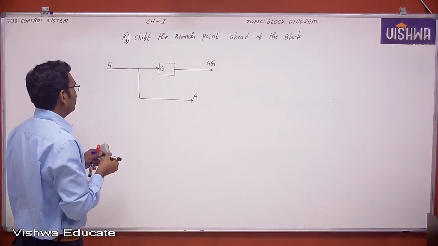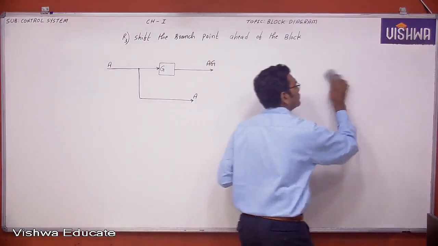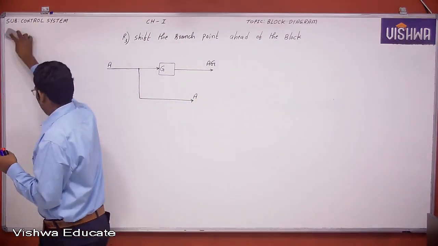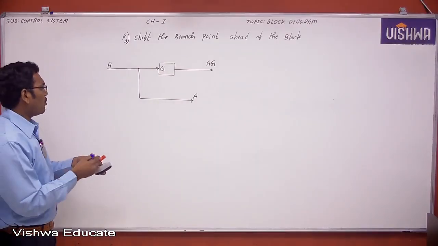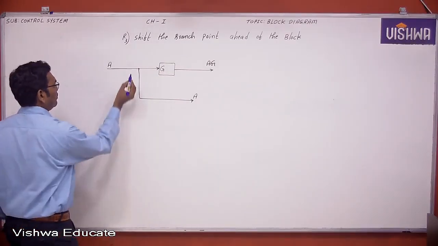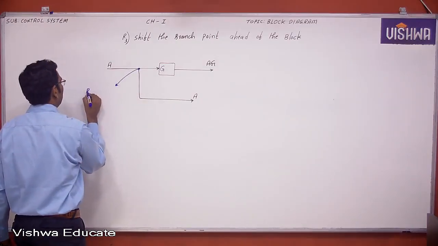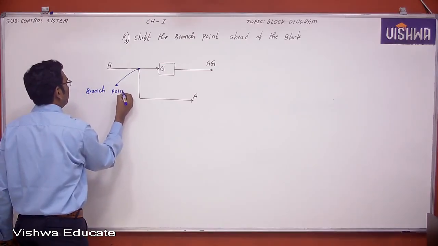Now see here, this point is called a branch point, or takeoff point.